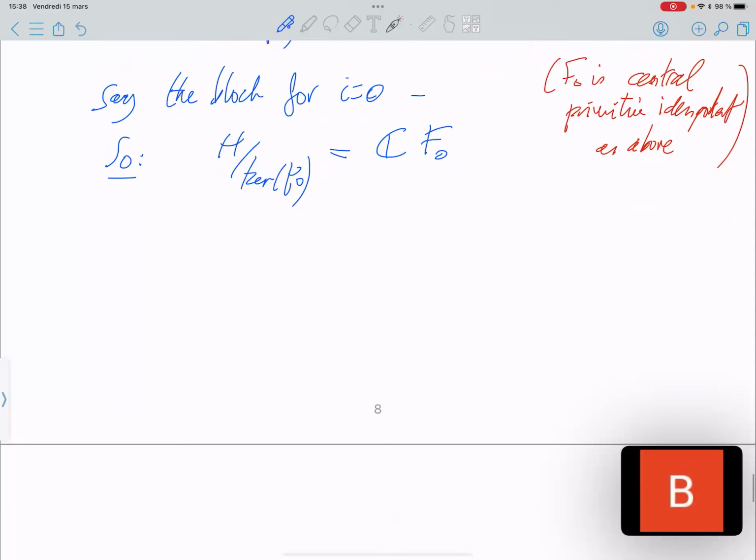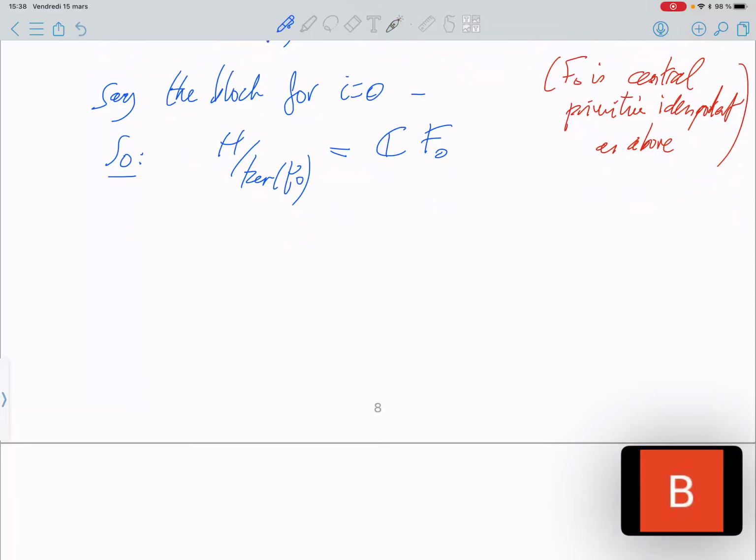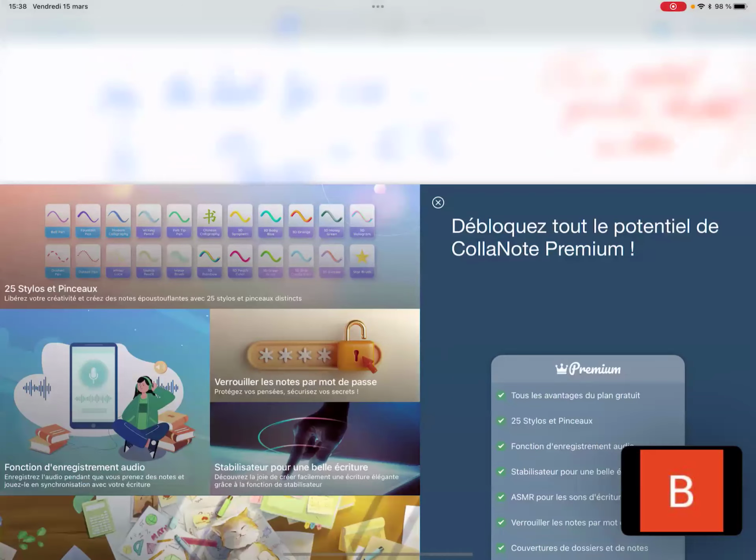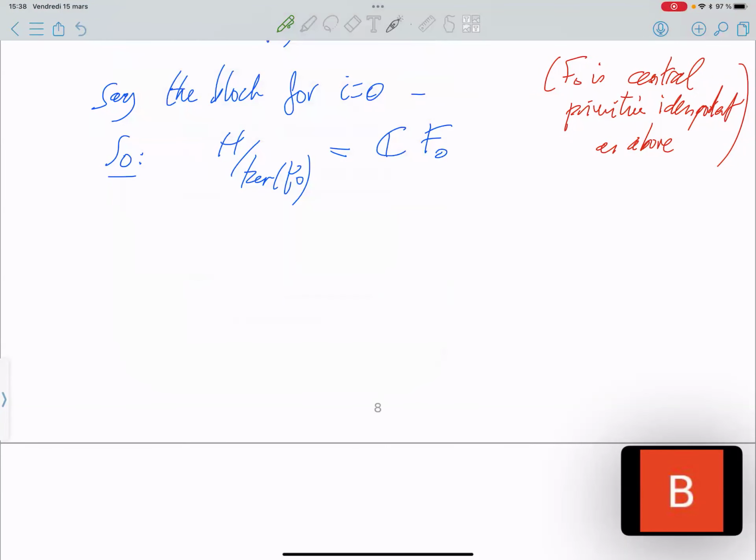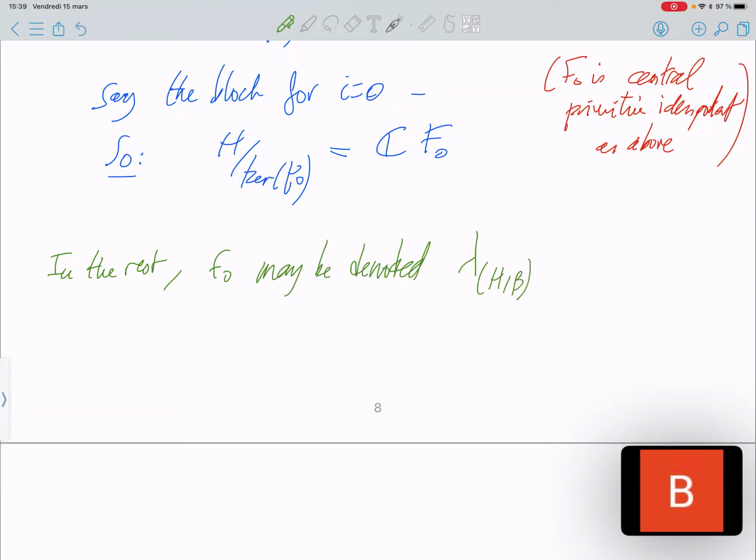Just for information, even if it will not be so useful for this introduction, in the rest of the paper this specific central primitive idempotent will be called mu HB, lambda HB, or just lambda H. In fact, in this work, there is an issue about the notation.